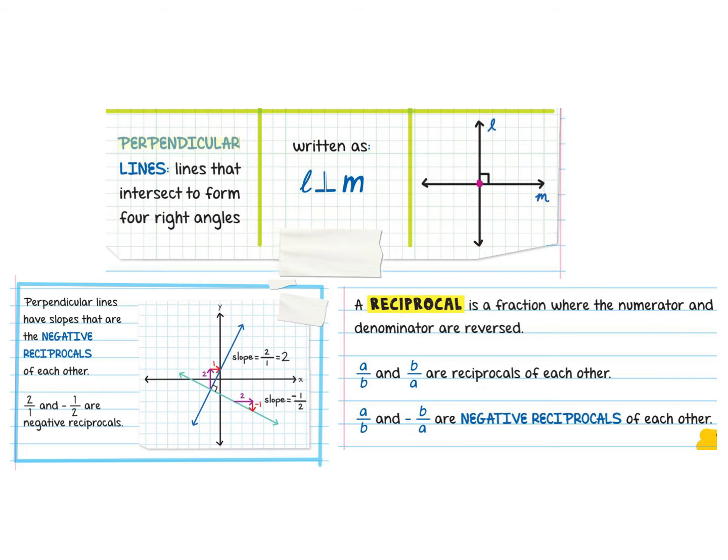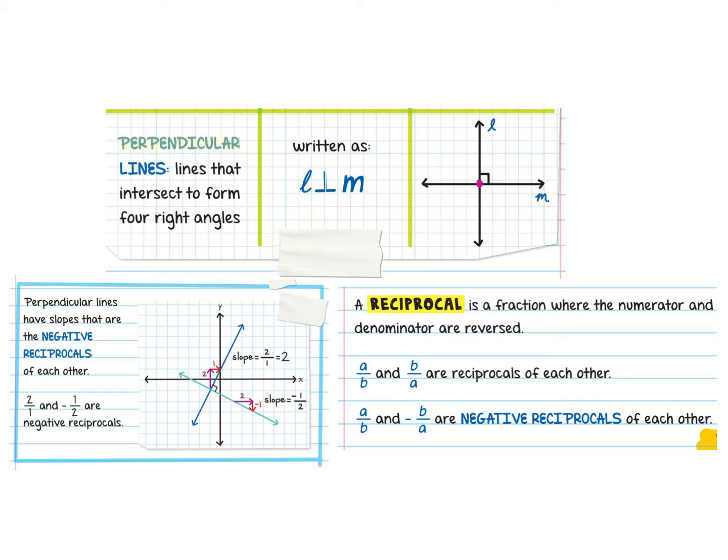When lines are perpendicular, they intersect to form right angles. And remember, this is our symbol for perpendicular. Perpendicular lines have slopes that are negative reciprocals. And what that means is, in order to find the reciprocal, you will change the sign and flip the fraction.